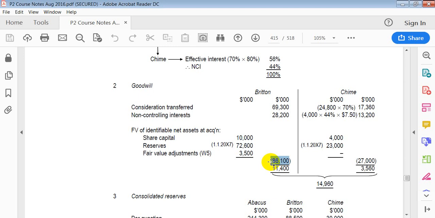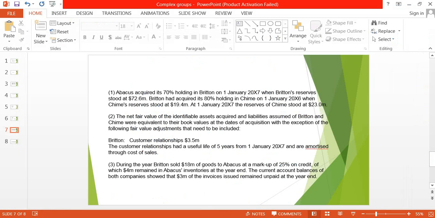We move to C. B acquired 80% of C, paying 19.4 million.